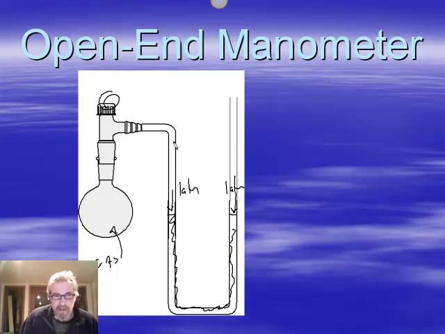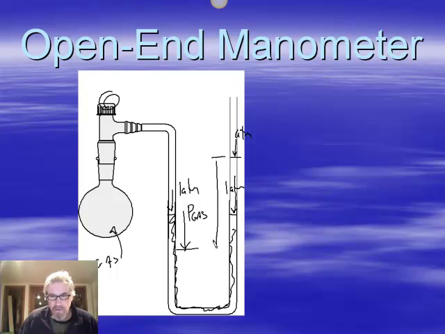Pretend that this gas exerts more pressure than the atmosphere. Well, in the sort of a tug-of-war between both sides of this column, this leg is going to get shorter because it gets pushed down by the pressure of the gas. That's going to force the column on this side to get higher because it's pushed down by the atmosphere, which is less than the pressure of the gas.